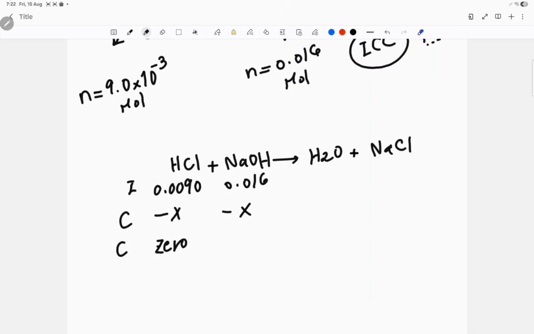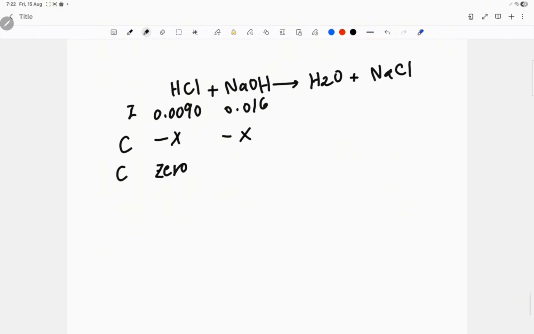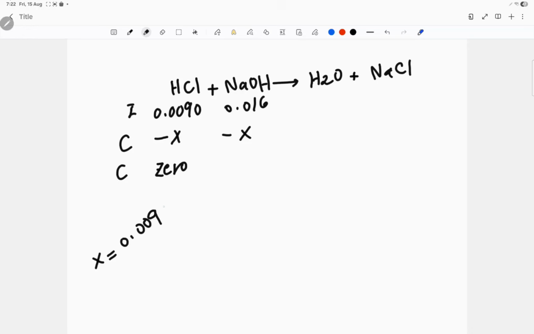Can you please tell me how much my x is? It's 0.0090. I want the x, pure x, magnitude, not negative, since the negative is on the outside. Now just do 0.016 minus 0.0090.